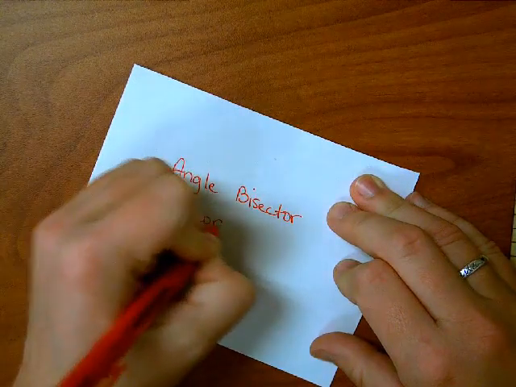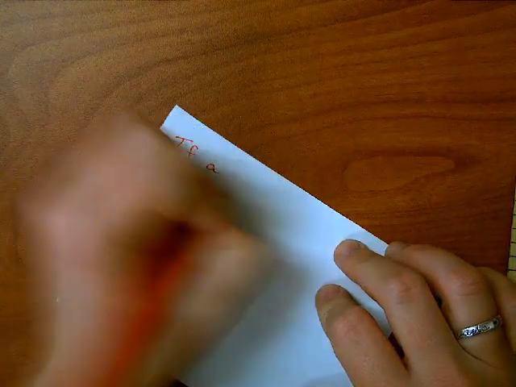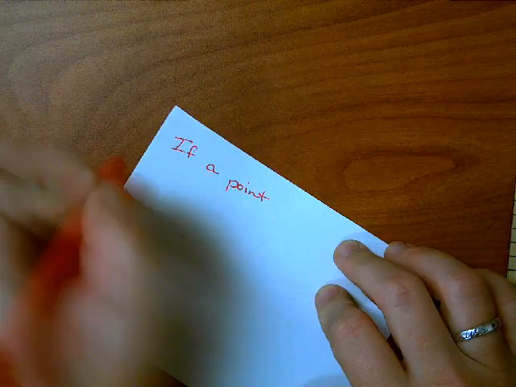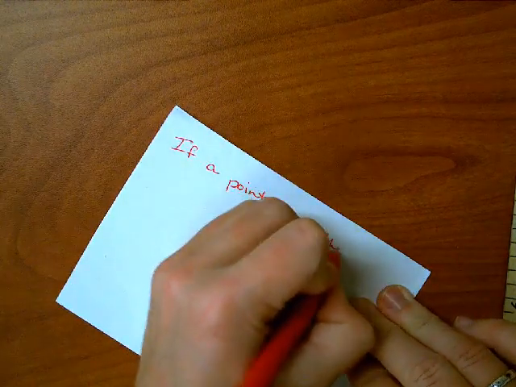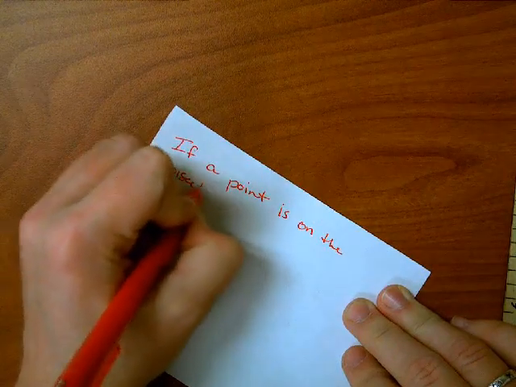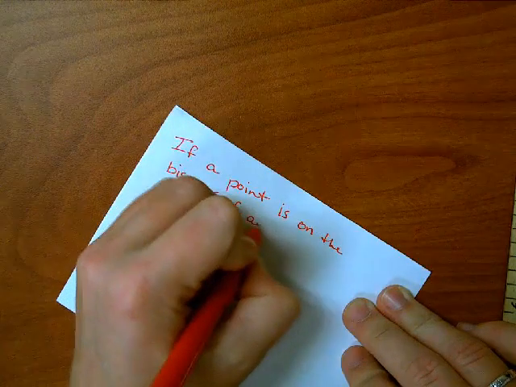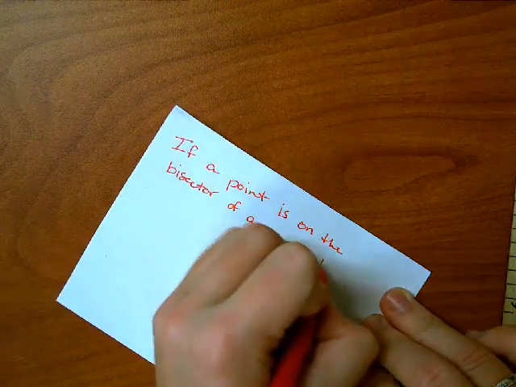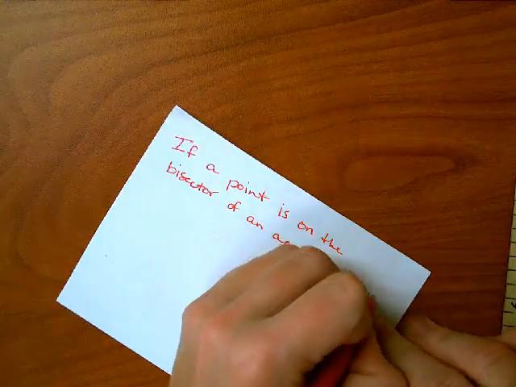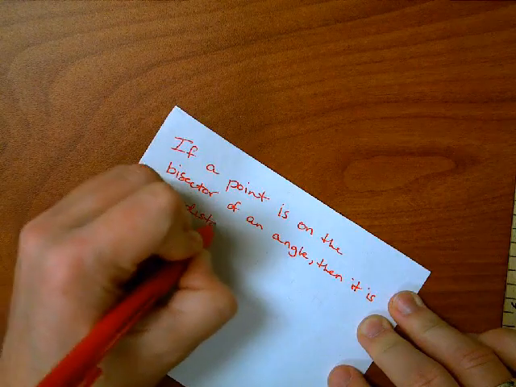The angle bisector theorem states that if a point is on the bisector of an angle, then it is equidistant from the two sides of the angle.